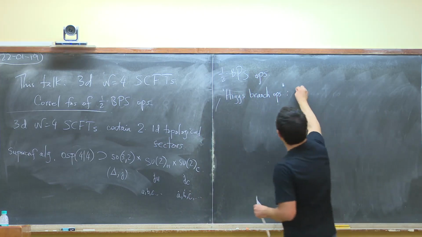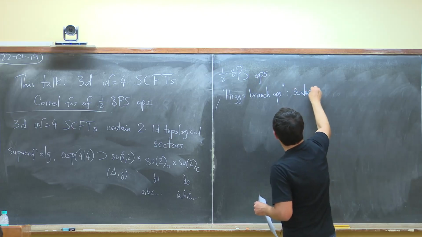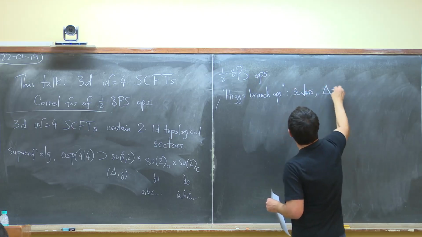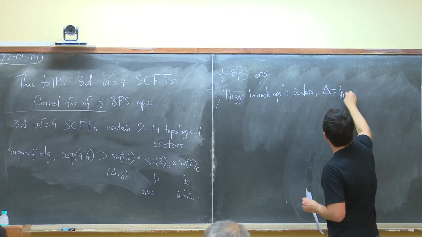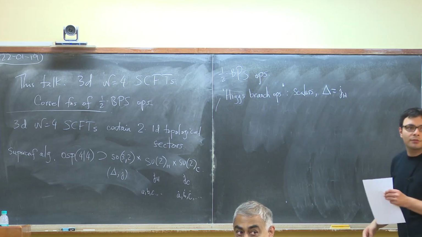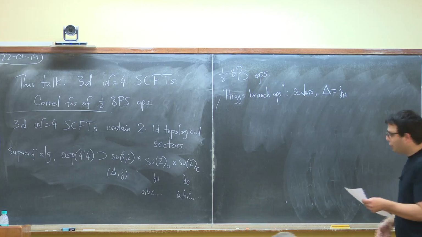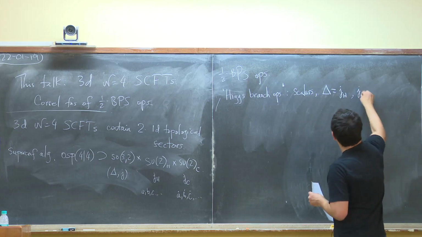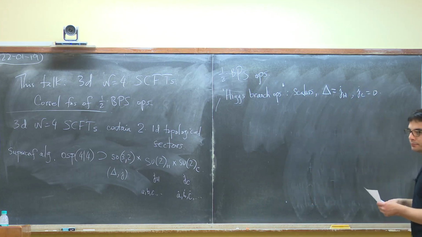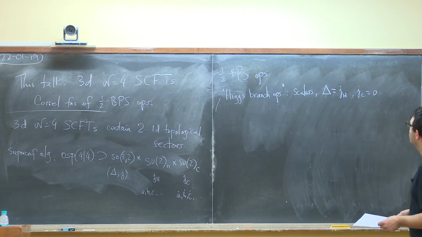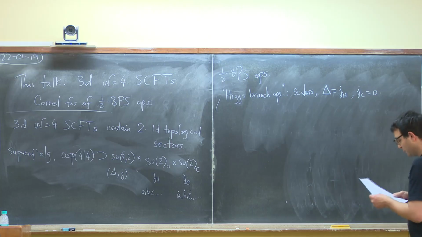Abstractly, they are scalars. They have the scaling dimension equal to the SU2H spin. So delta is equal to JH. And JC equals 0. They're invariant under SU2C. So JH normalized like half, 1, 3 halves? Correct, yes. Simplest one is half.